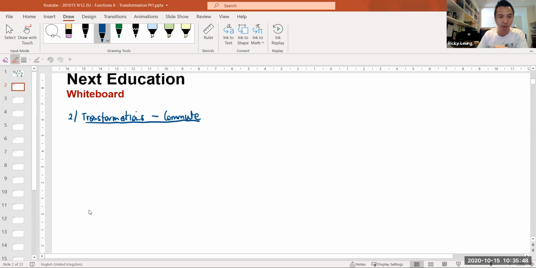So maybe it's worthwhile highlighting the 3 cases that do commute and the 2 cases that don't. But before I do that, maybe this concept of commute should be defined. And commute is quite simply that the order in which the transformations occur do not matter.